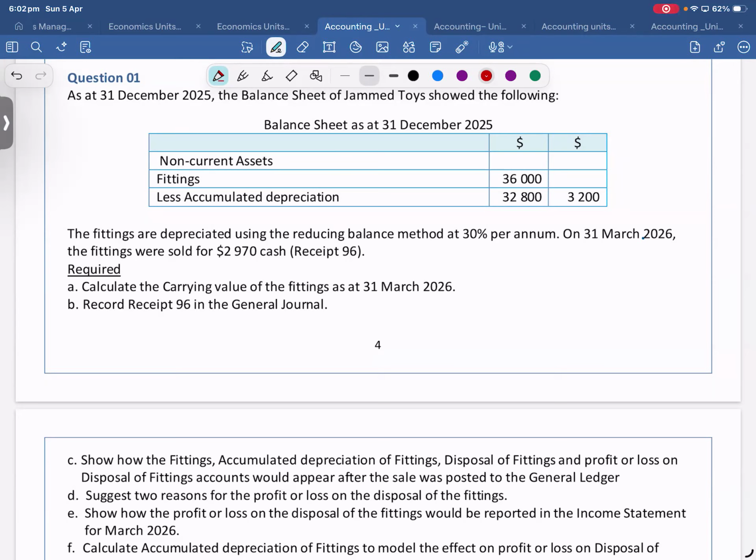We can take either way. I didn't include GST. You did including GST. So this one, 2970. Shall you write it with GST? Yeah, we'll say this is with GST, including. It's a loss? Yeah. Okay.